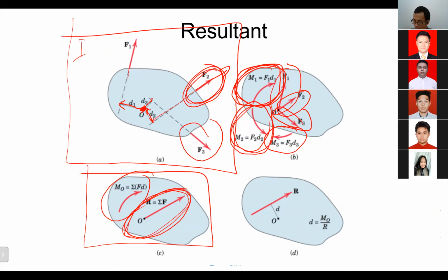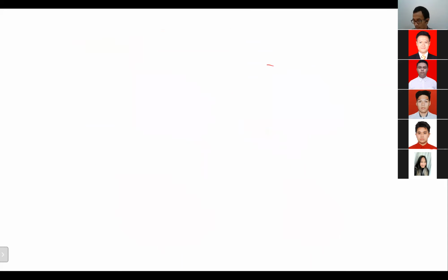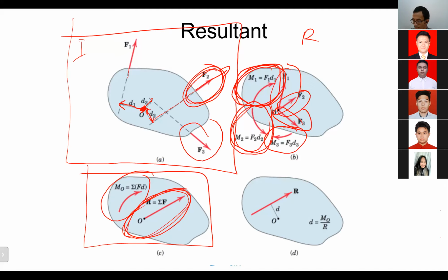So actually, R here is the same as F1 plus F2 plus F3.